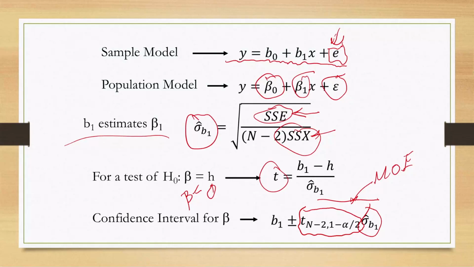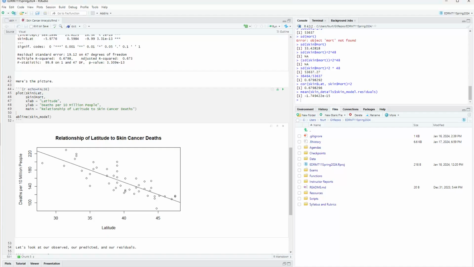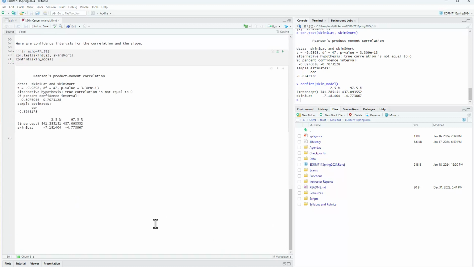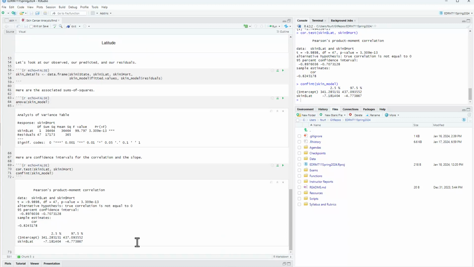Let's go ahead and pull up R. And here in R with our example, down here, I'm going to get confidence intervals for the correlation and the slope with two little functions, one called cor.test and one called confint. And let's see what they give us.